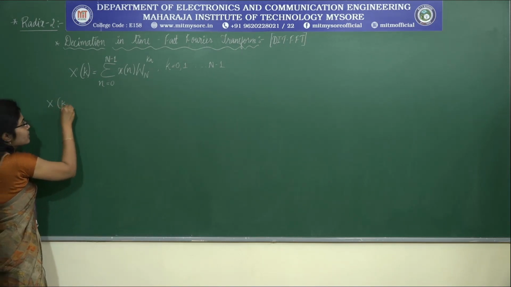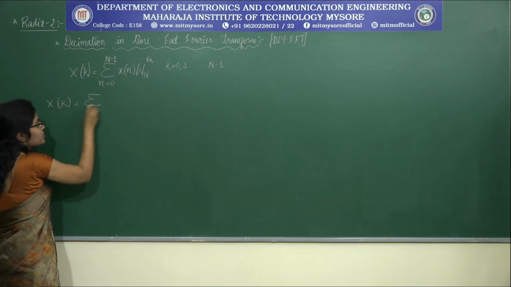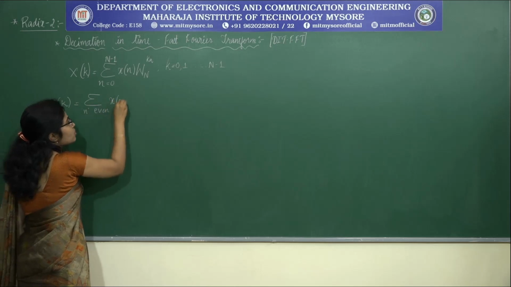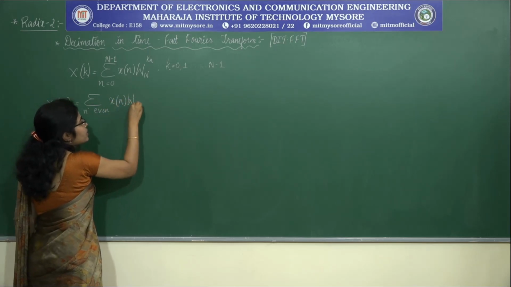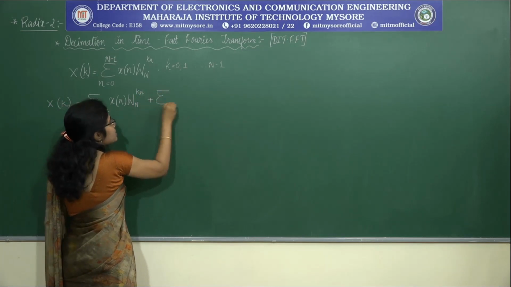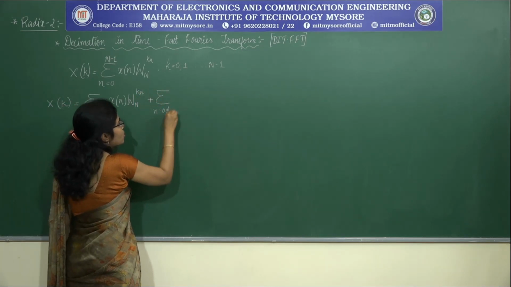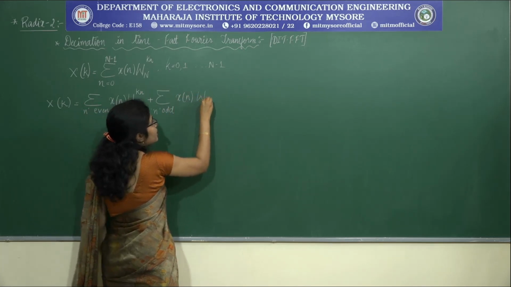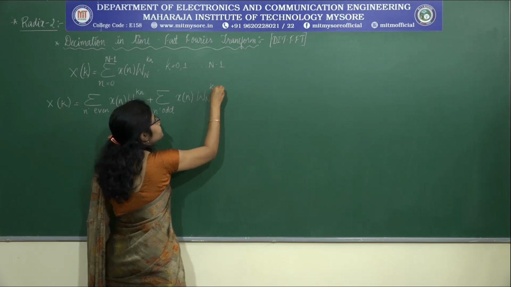So x of k is equal to summation when n is even x of n omega n to the power of kn plus summation when n is odd x of n omega n to the power of kn.